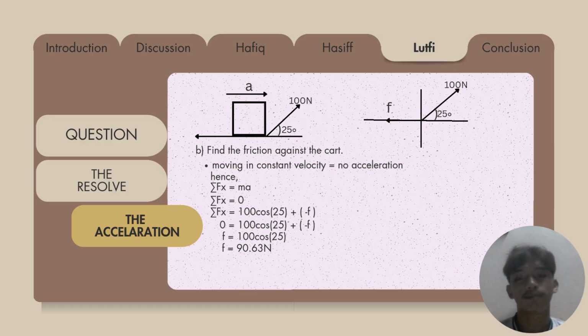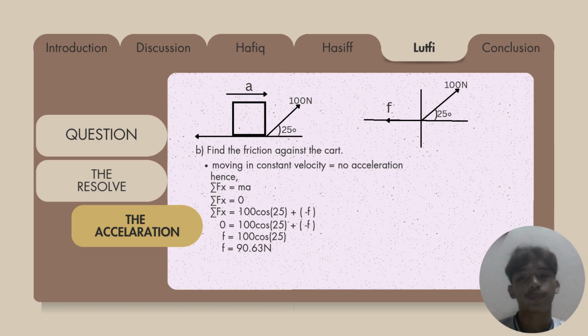Since the friction force is moving leftward and is in the opposite direction of the cart's movement, we can assume that the friction force is in a negative state. Therefore, we write the summation of component x equal to 100 cosine 25 degrees plus negative lowercase f, and then 0 will be equal to 100 cosine 25 degrees plus negative lowercase f, since the summation of component x equals 0.